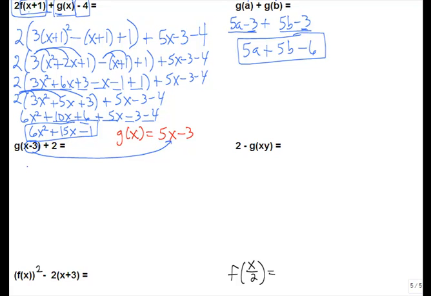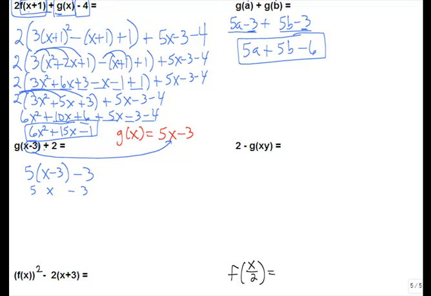So my new rule would be 5 times x minus 3, and then we have this minus 3 on the side. So again, it kind of looks like the original 5x minus 3 that was the real rule for g, but instead of having x, we've replaced this x minus 3 in its spot.